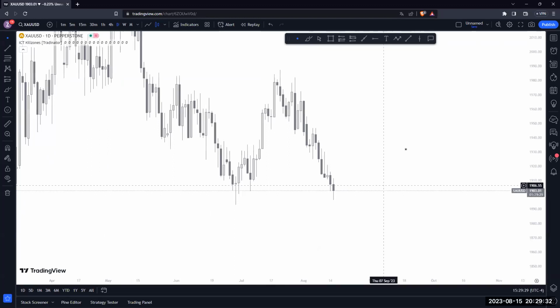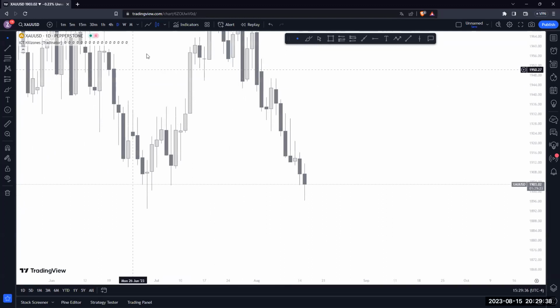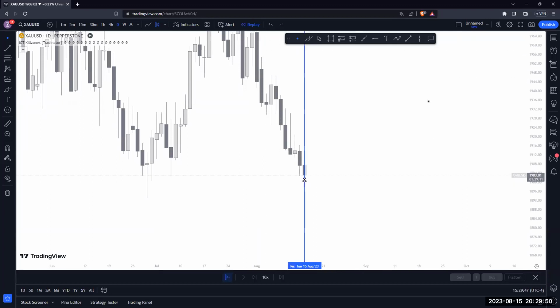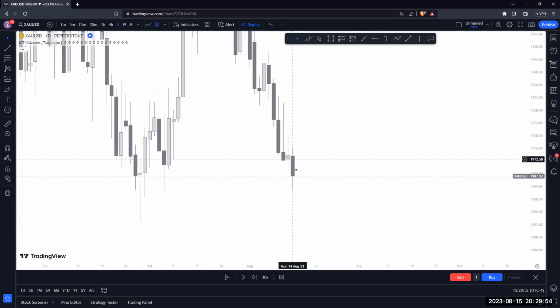So let me give you this tip. You go to the daily chart. I'm gonna show you how to look at the storyline, baby steps. So you go to the daily chart. You see the candlestick that is forming. If it's still forming, you remove it, right? And then you look at the candlestick before it that is formed.